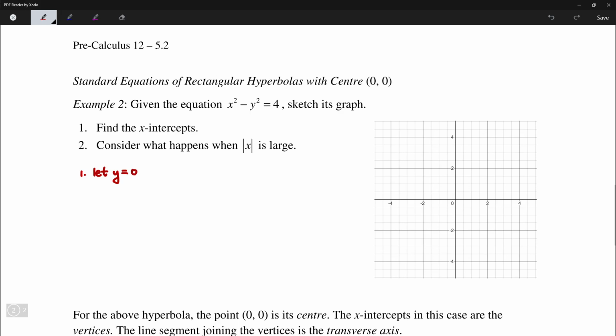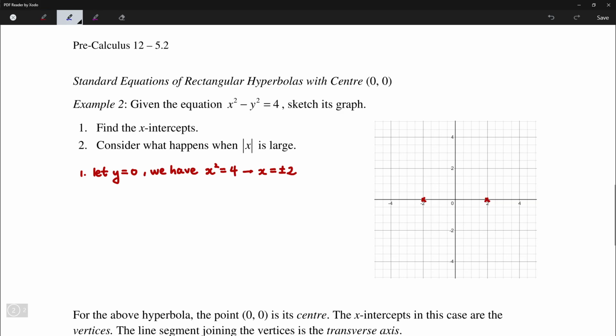Then the equation simplifies to just x squared is equal to 4, which means x is equal to positive or negative 2. That means the points negative 2, 0 and 2, 0 are both going to be on our graph.